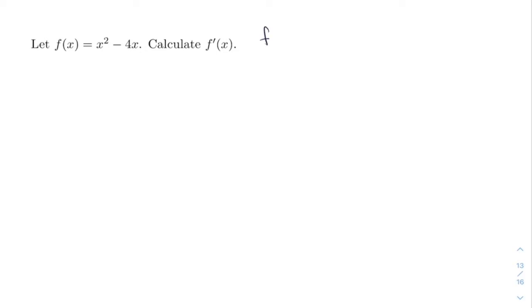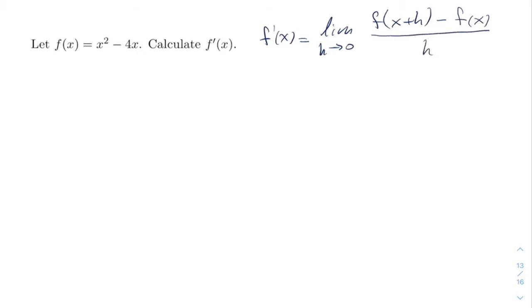So first remember that the derivative of f is equal to the limit when h goes to 0 of f of x plus h minus f of x, all that divided by h. So in this case, f is equal to x squared minus 4x, so let's put that together. We want to start with the limit when h goes to 0 of what?